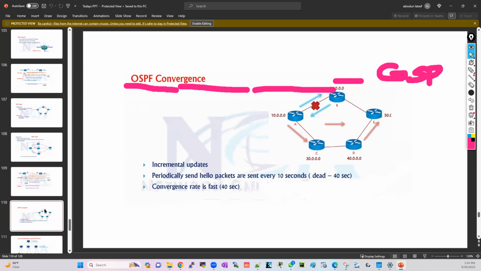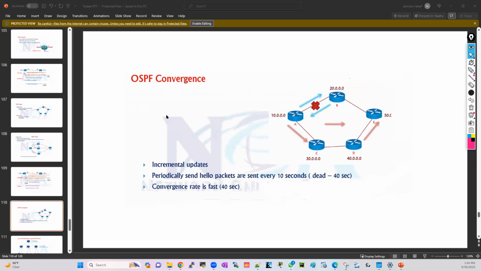Convergence. I've talked about convergence before, but let me reiterate it. Convergence, from the word converge, is to gather or assemble. So it means these two neighbors will form a neighborship by convergence.